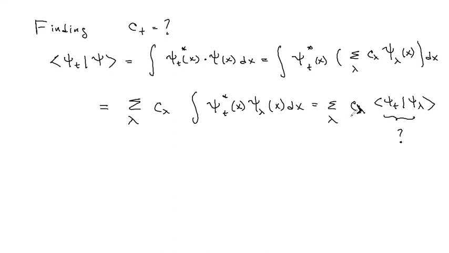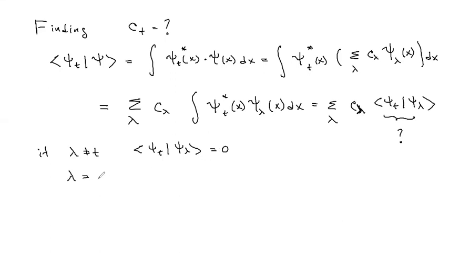That means when you have a summation over lambda, only lambda equal t will survive. If you have different values for lambda than t, then this dot product would be 0.